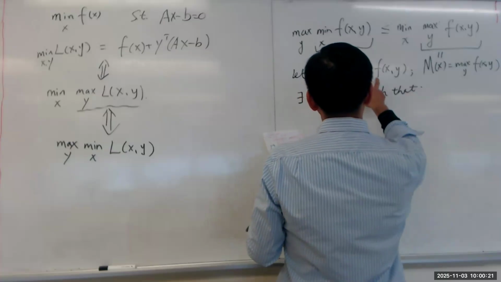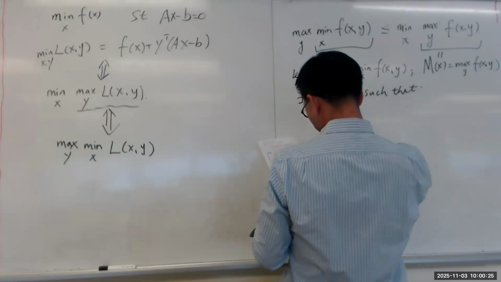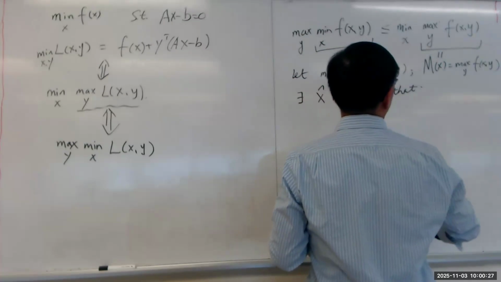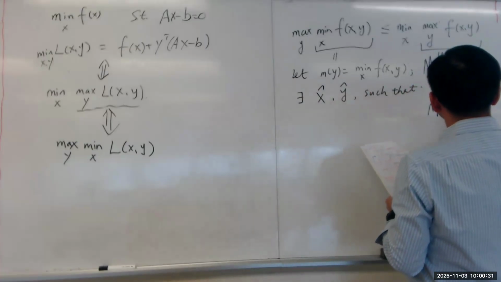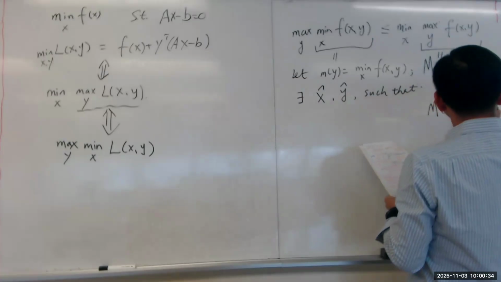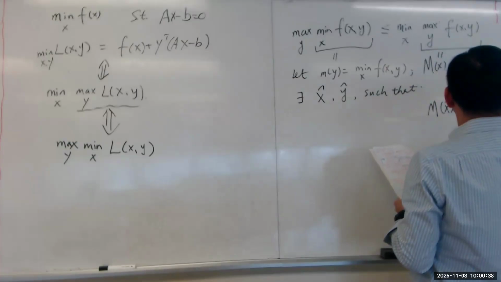So it is a sup of this. So M(x hat) is going to be less than or equal to the infimum of f(x, y) plus epsilon. Okay.